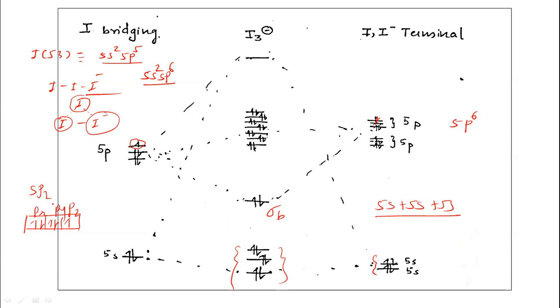In the formation of the sigma bond, this pz orbital with the unpaired electron overlaps with the other pz orbital, forming bonding and antibonding molecular orbitals, and the remaining orbitals remain non-bonding.